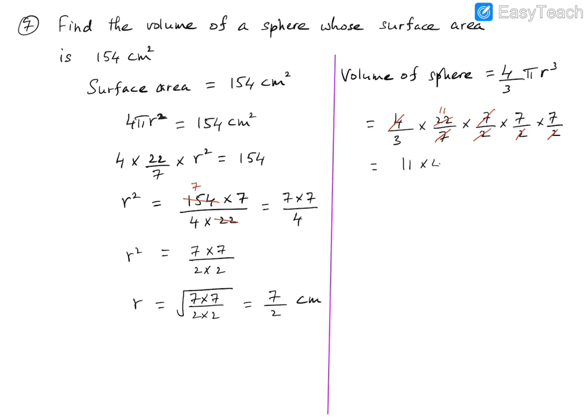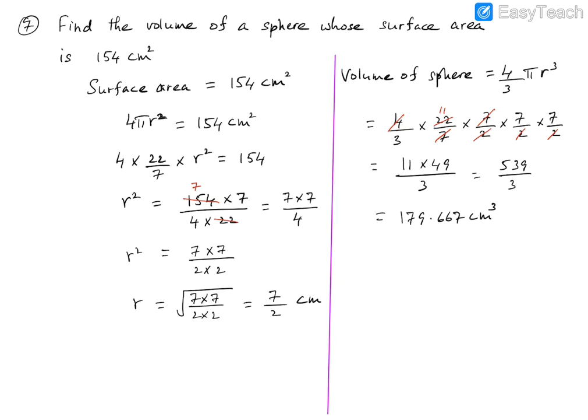So that's 11 into 49 divided by 3, and that gives us the volume of the sphere. So 49 into 11 divided by 3 is 539 divided by 3, which is equal to 179.667 centimeter cube.